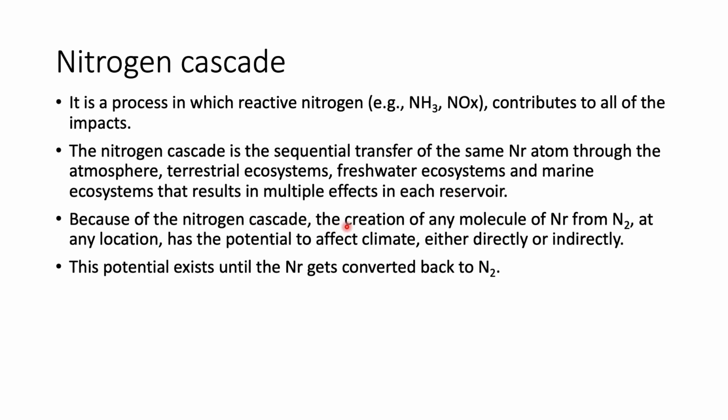Because of the nitrogen cascade, the creation of any molecule of reactive nitrogen from atmospheric nitrogen at any location has the potential to affect climate either directly or indirectly. This potential exists until the reactive nitrogen is converted back to normal nitrogen, that is non-reactive nitrogen in the atmosphere.